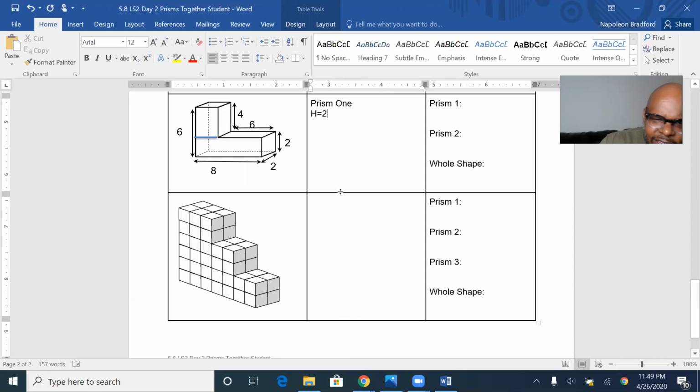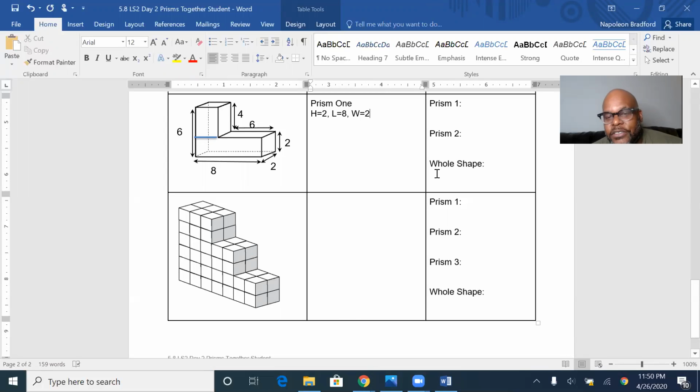Has a length of what? 8. Has a length of 8. And has a width of what? 2. All right.